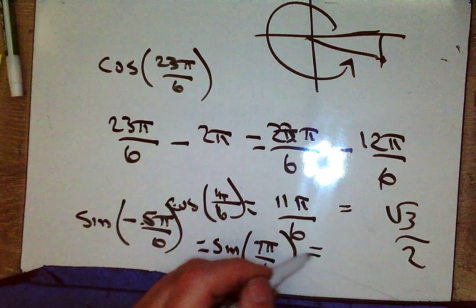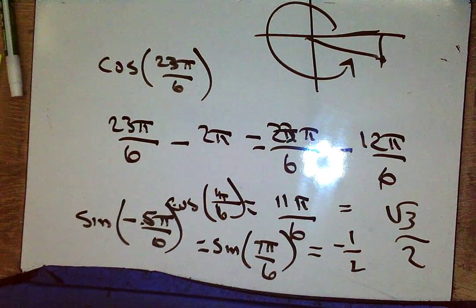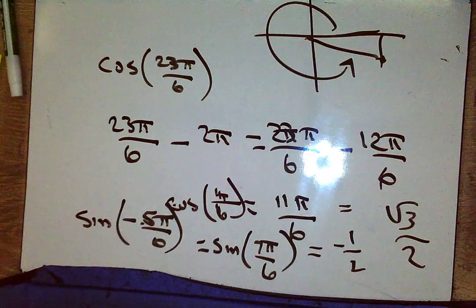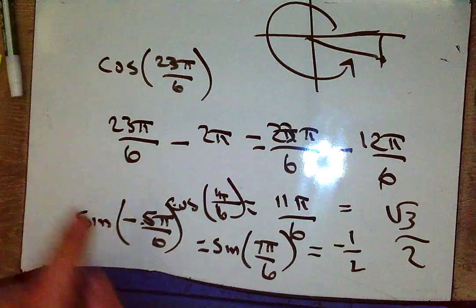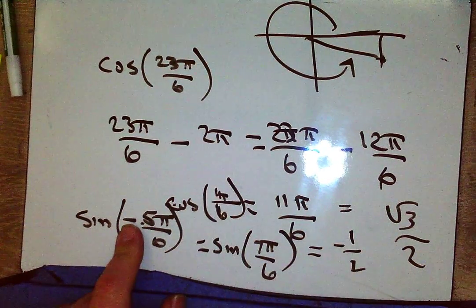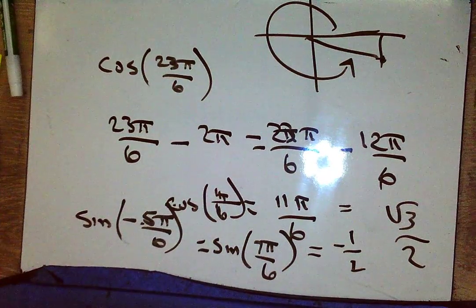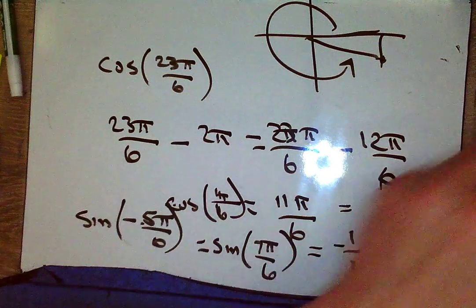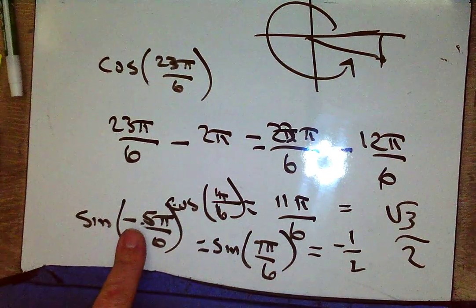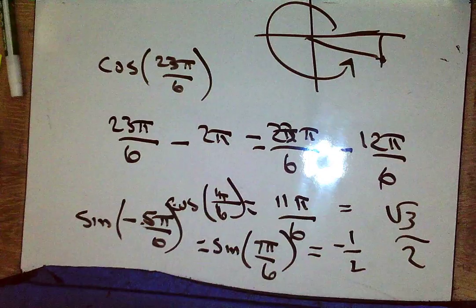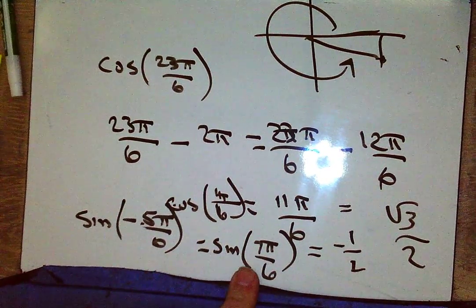And I know the sine of 11 pi over 6 is negative 1 half. Nice. If I'm given a negative angle, I'm going to add 2 pi. But if I'm given a very big angle, I'm going to subtract 2 pi until I get to a place that's good. I may not be comfortable with negative angles, but if I use my coterminal angle knowledge and add 2 pi to this, I get this sine function.